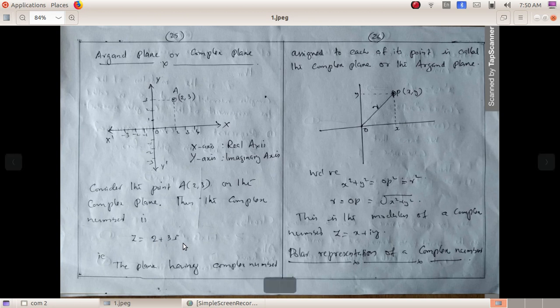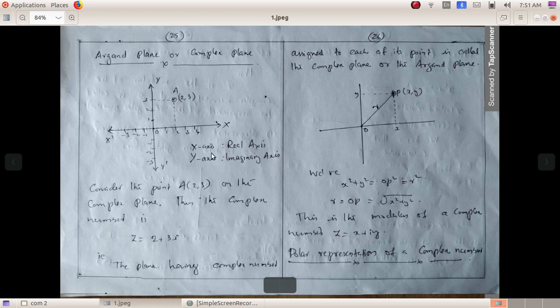From where does this i occur? That is from the y-axis. Therefore, this y-axis is called the imaginary axis and the x-axis is called the real axis. On the x-axis each real part is marked and on the y-axis the imaginary part. That is why we say the y-axis is the imaginary axis.